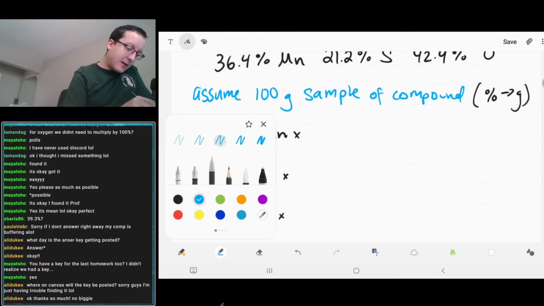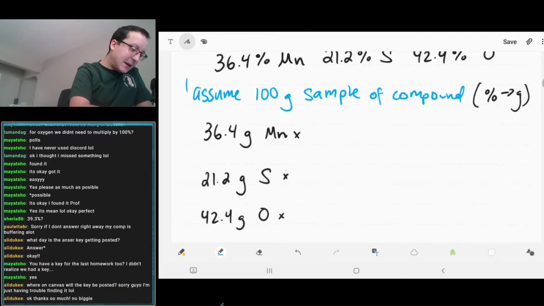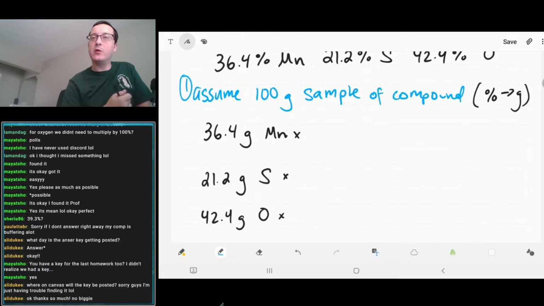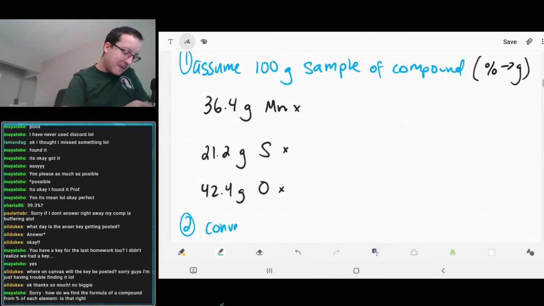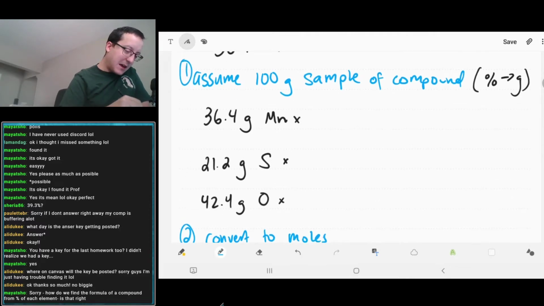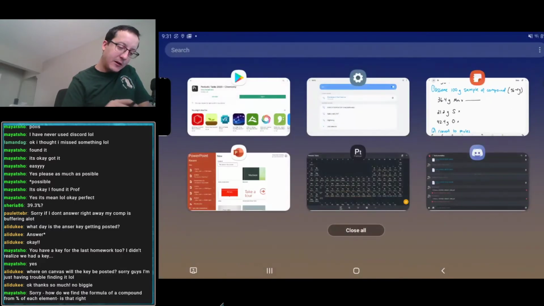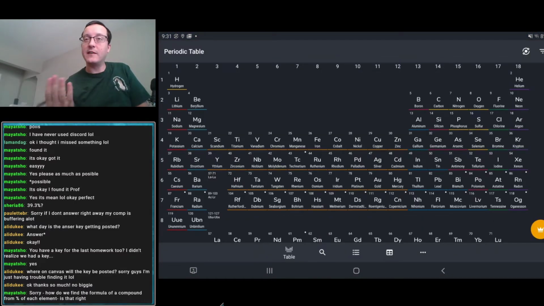Our first step here was assuming that we have 100 grams of this. Again, you could choose any number, but 100 makes the math easy. So we're converting percentages into grams. And our second step is to convert these to moles. If we do that up here, we would bust out our periodic tables and find the elements we're looking at.